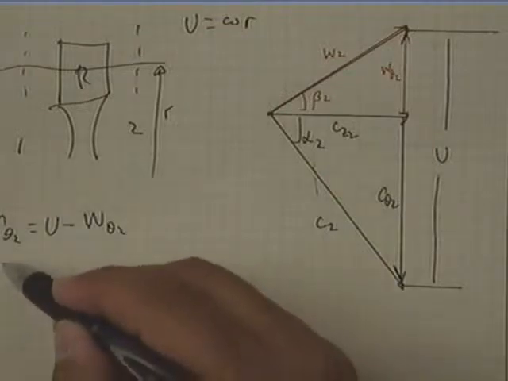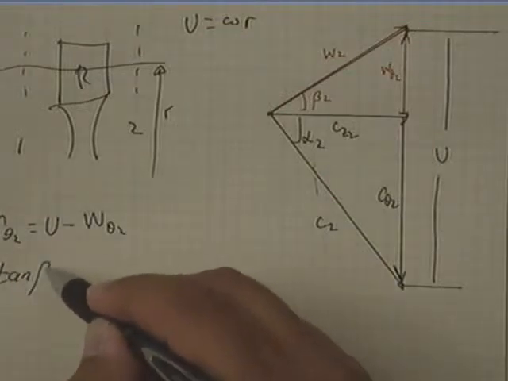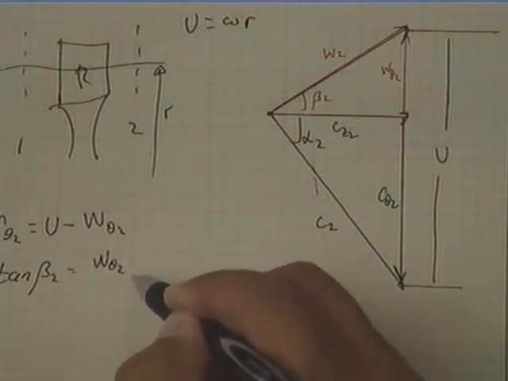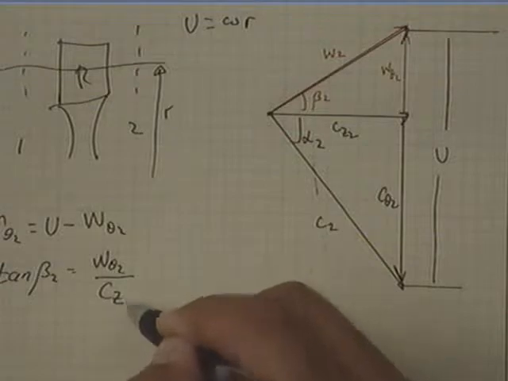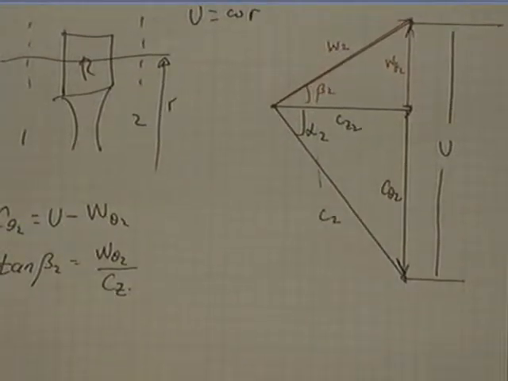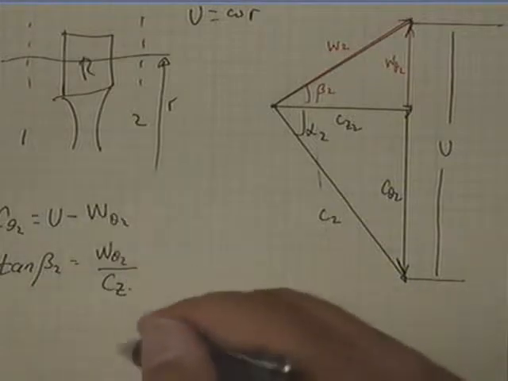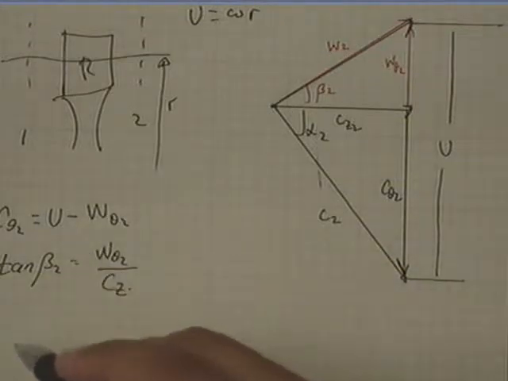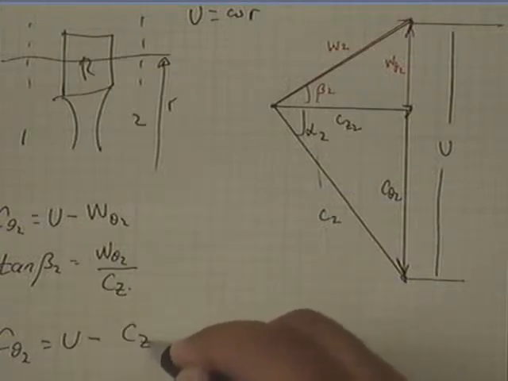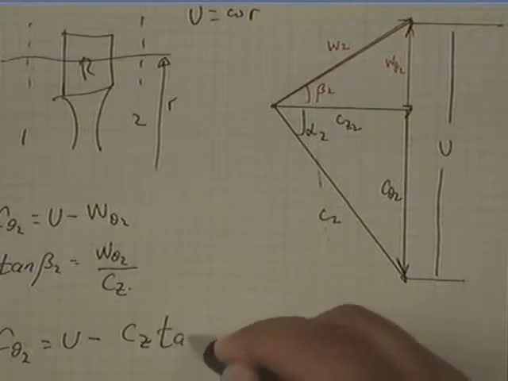We can also say that tangent of beta 2 is equal to W theta 2 over CZ. Let's call it CZ, even though it's CZ2, right? And so substituting in for W theta 2, we get C theta 2 is U minus CZ tangent beta 2.